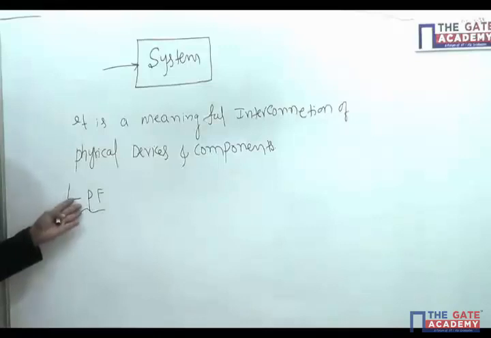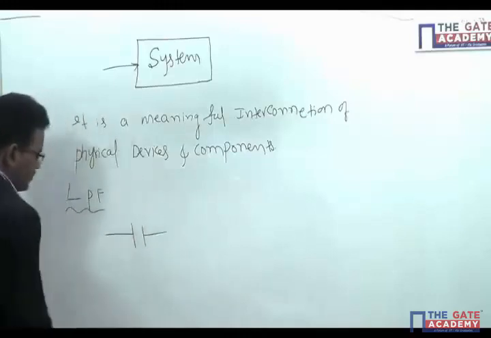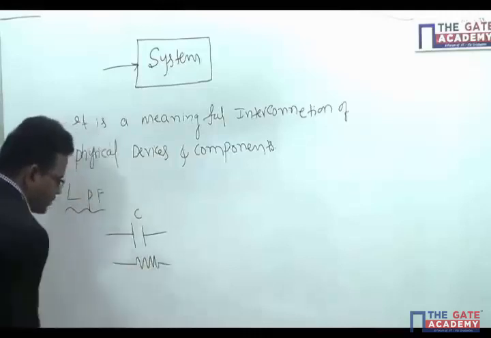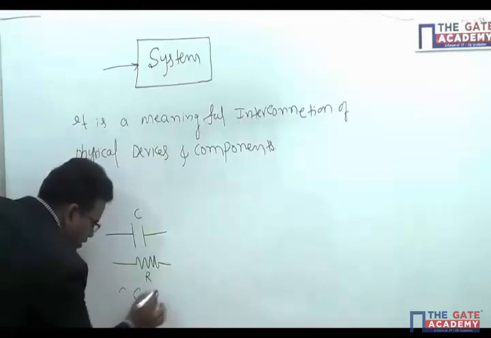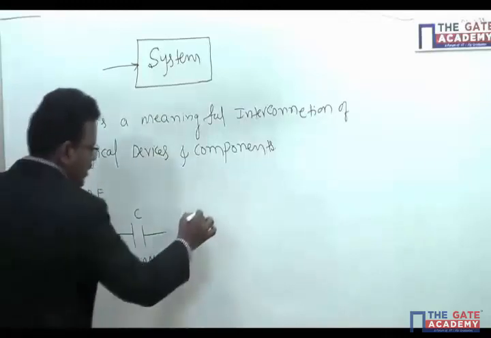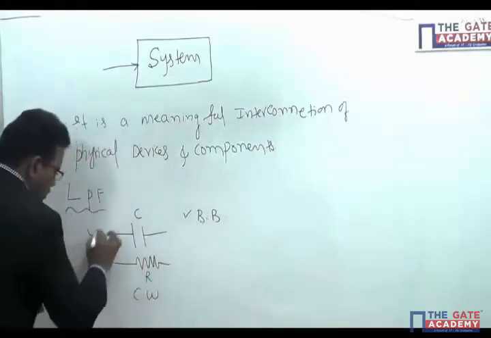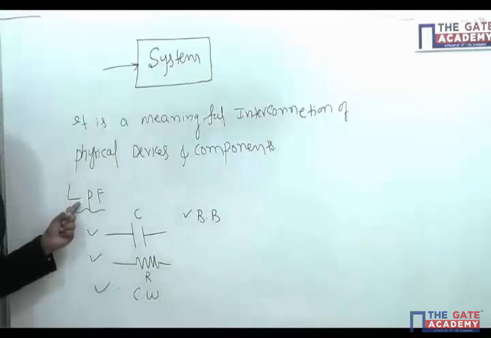Tell me. We need one capacitor, and we need one resistor, and we need some connecting wires, as well as a breadboard. These are the four components I need to design a low pass filter.